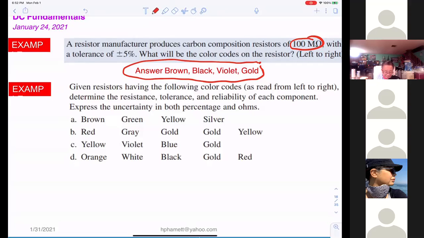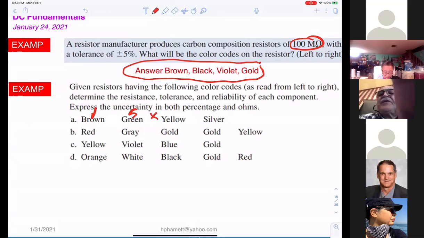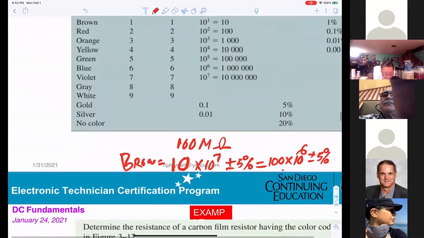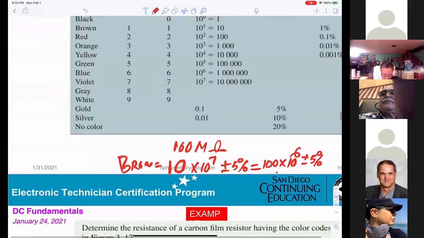Brown, what number? 1. Green, 5. You say 5, right? Multiply by yellow. Yellow will be 10,000.